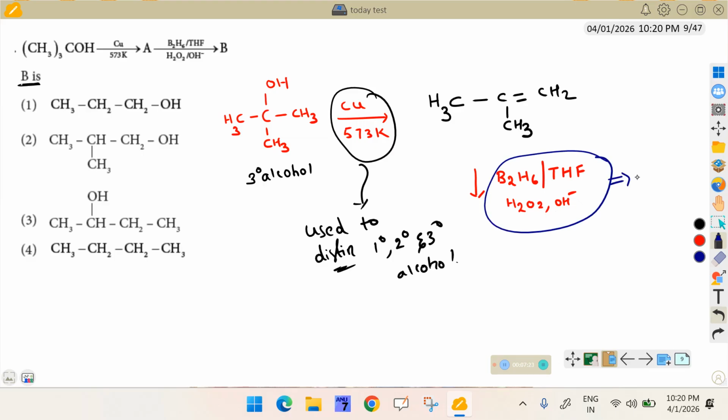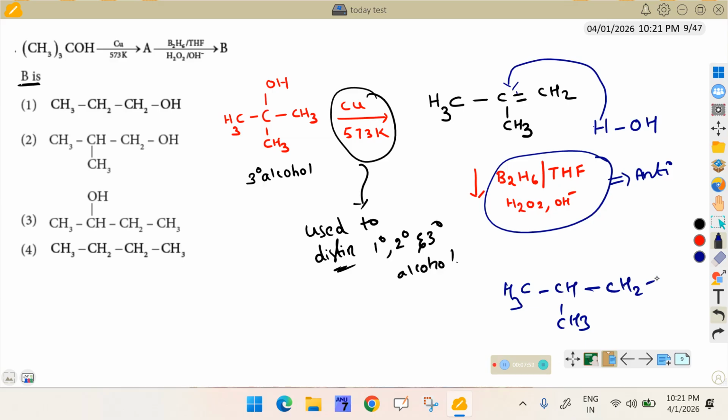Hydration takes place and follows anti-Markovnikov's rule. The process name is hydroboration oxidation. Add water molecule, following anti-Markovnikov's rule: add hydrogen to the unsaturated carbon which contains less number of hydrogen atoms. Then CH3CH(CH3)CH2OH. Second option correct.